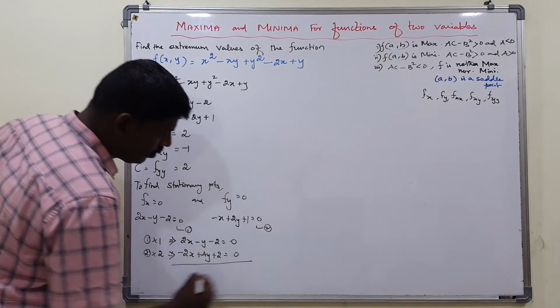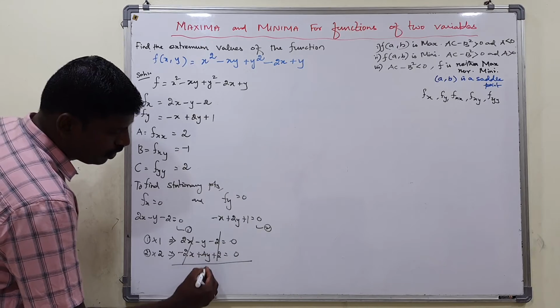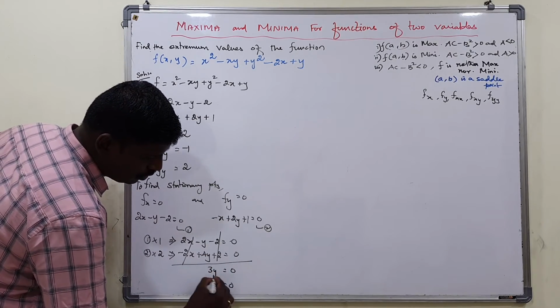Solve that. So minus y plus 4y means plus 3y equal to 0. So y equal to 0.